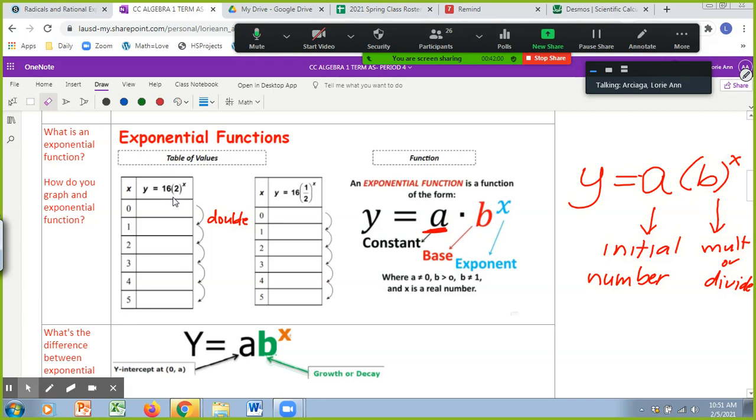Awesome! Say that one more time. Did you guys hear what Henry said? You have to look for the exponent. The exponent always goes with the base. The number that doesn't have an exponent, that's your very first number.